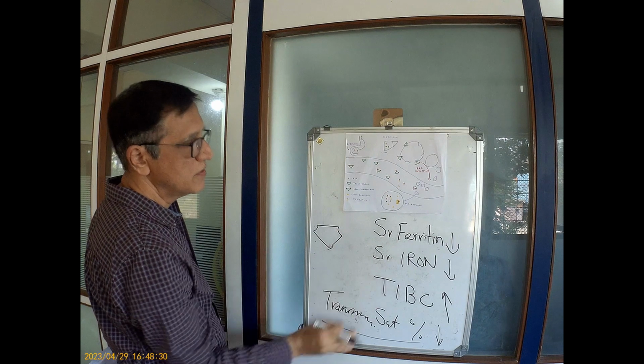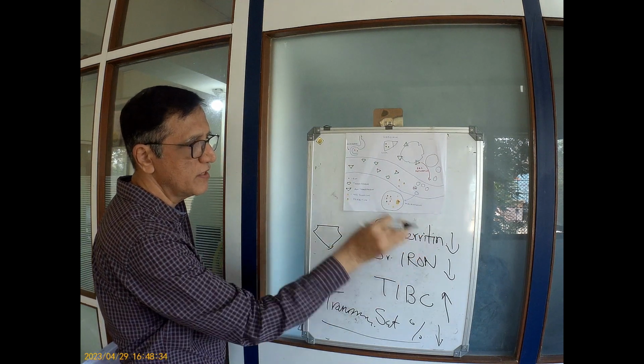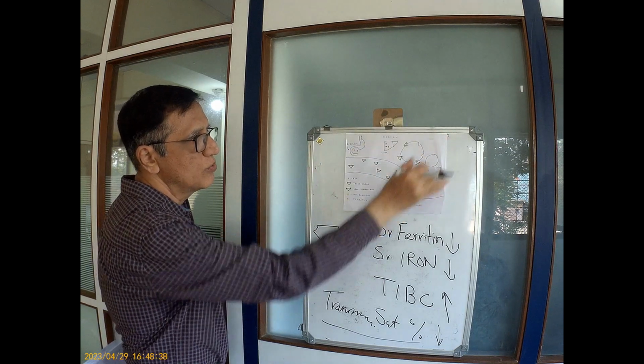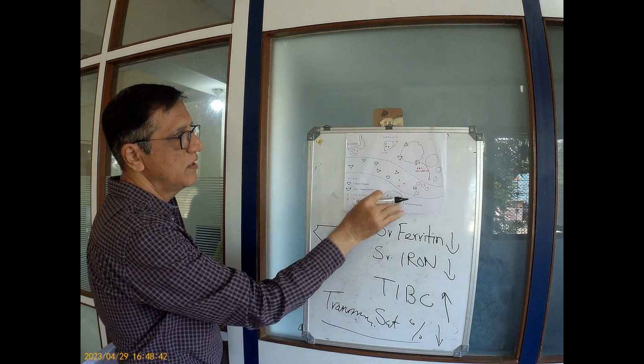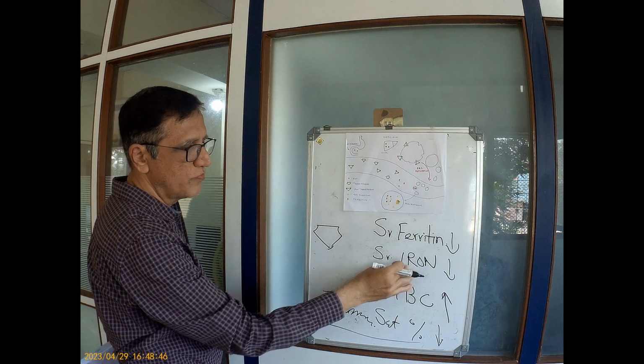When this cycle is disrupted, your iron balance is getting depleted. So serum ferritin is the first one to go. Mind you, nothing else is happening all around, so everything is okay, fine. Then next, this gets exhausted, and iron in the blood will go down.